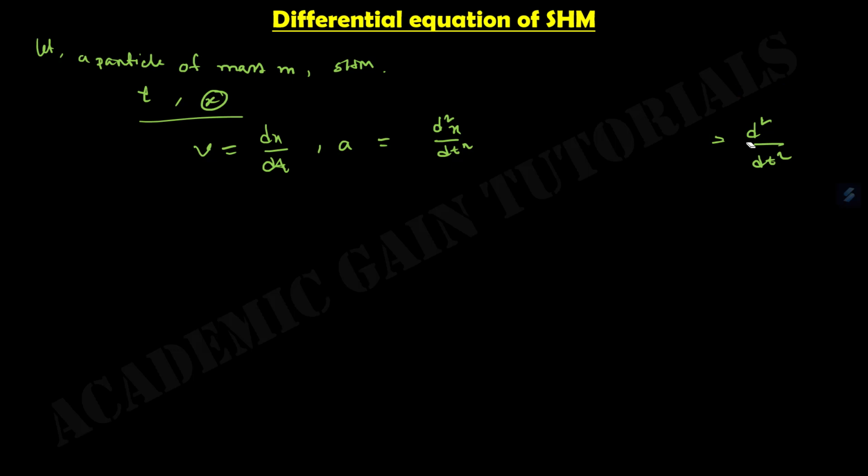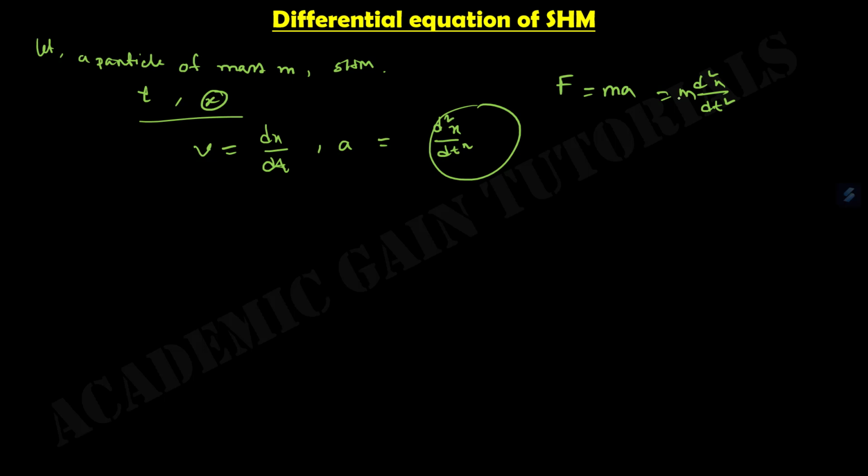Now we know force F equals m a. We find this equation from Newton's second law. Instead of a, we can write d square x by dt square.